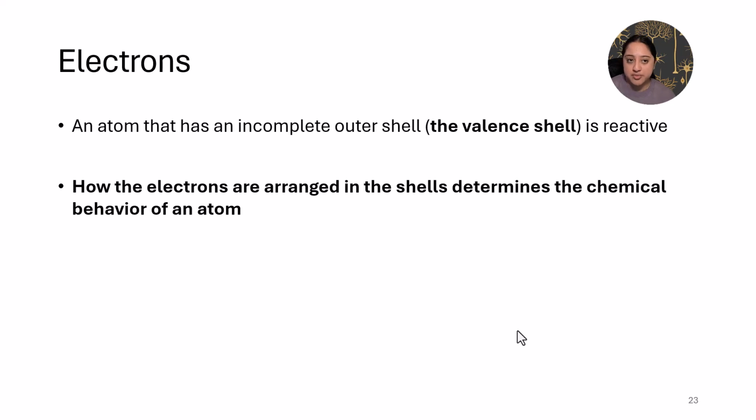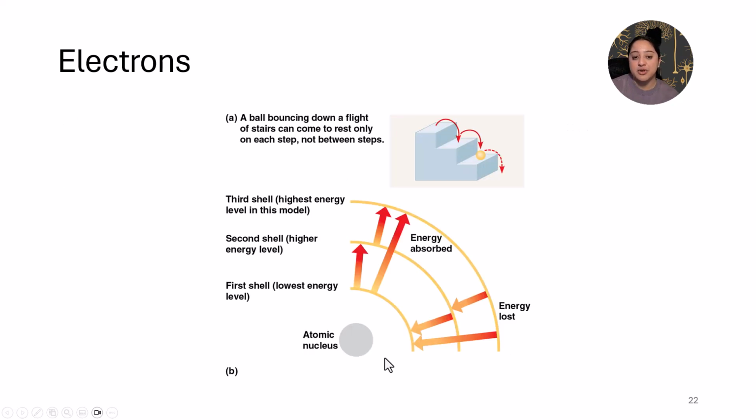The most important part is the valence of an electron. So an atom that has an incomplete outer shell is reactive. There are these 3 different shells, and they can each hold a maximum number of electrons. The first one, for example, can only hold 2 electrons, and then you would shove them to the next shell.